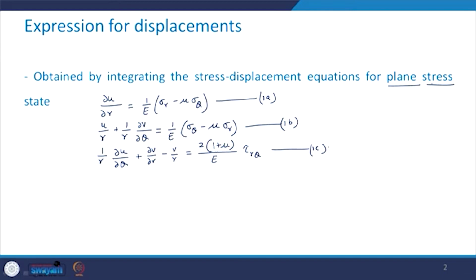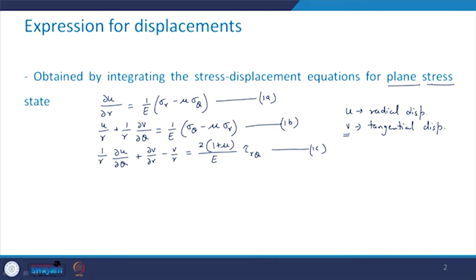We discussed that this u is the radial displacement and v is the tangential displacement, which is in the direction perpendicular to the direction of u. Now, recall our discussion of the previous class.